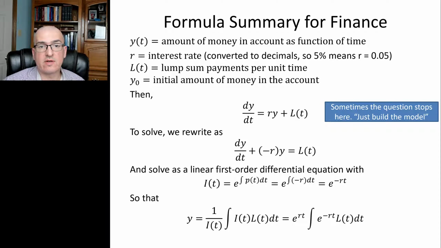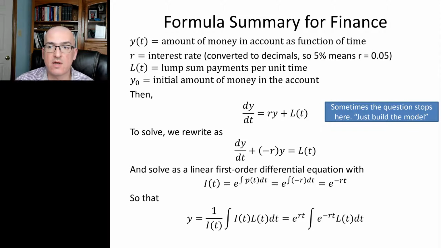So as a summary of the formulas that are important for finance applications, if we have an amount of money that's subject to a continuously compounded interest rate R, and we also throw in deposits, then the rate of change of our account is given by the derivative of the account, so dy by dt, and that's going to be equal to the interest rate R times how much money is in the account, so R times Y, plus your deposit term.